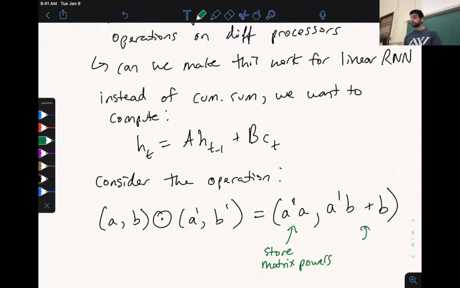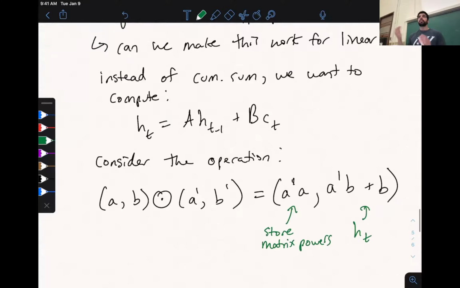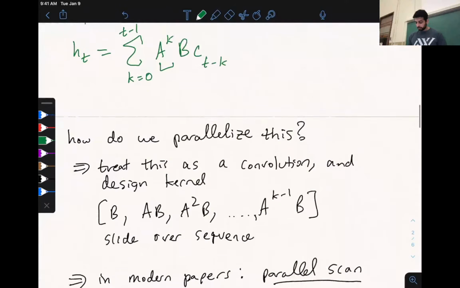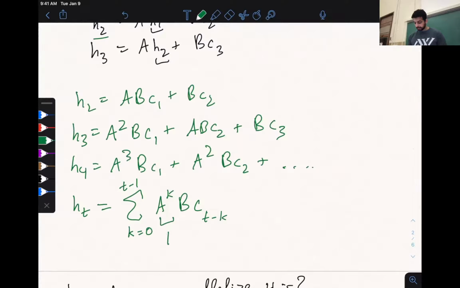And then this one looks more like the actual hidden state that we want to compute, right? So we're going to use this to compute either the hidden state itself or values that will be useful in computing the hidden state. But importantly, we're trying to do two things at once at each node. We're going to keep track of our matrix powers, which, just to emphasize, we noted up here, right? It's part of the equation for the linear RNN.